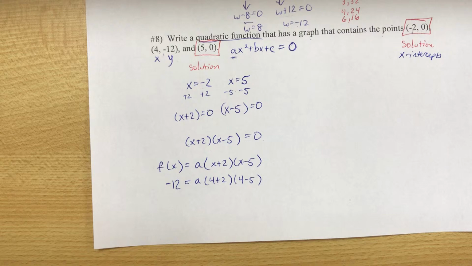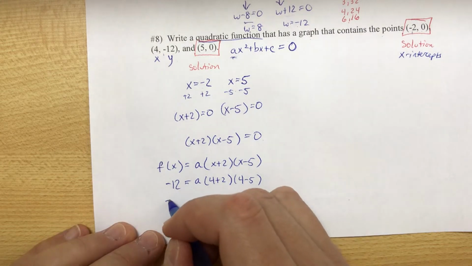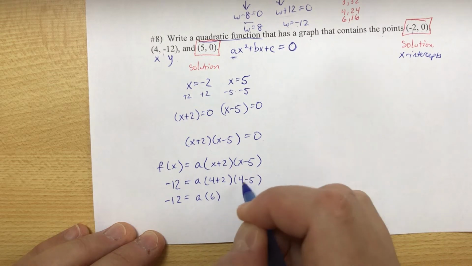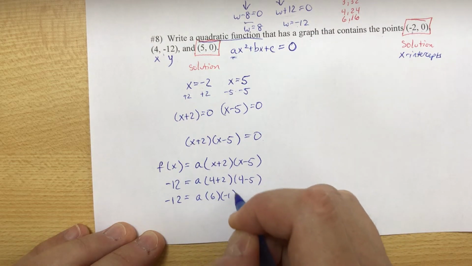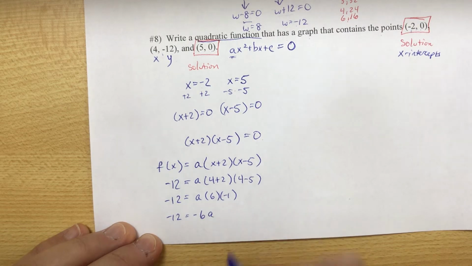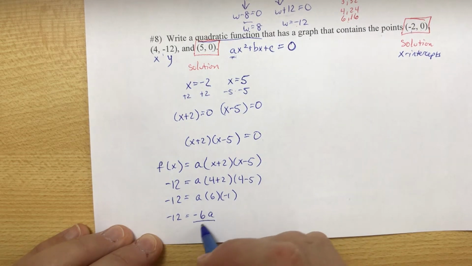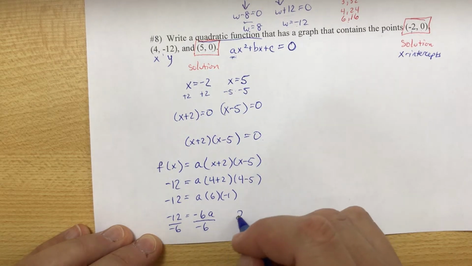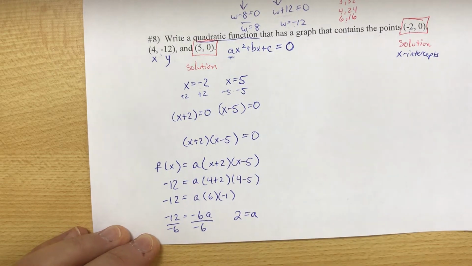So what I need to do is solve one more equation here. -12 equals a times 6. 4 minus 5 is -1. 6 times -1 is -6a. We're going to divide to solve for a, and we get +2 is equal to a.